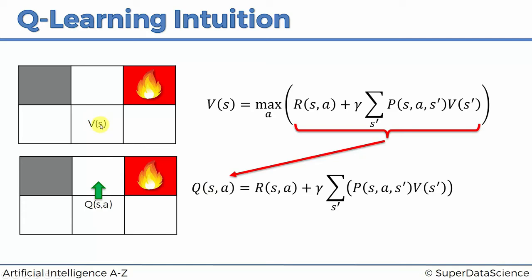So here in this state, by being in the state, the agent has 1 Q value, 2 Q values, 3 Q values, 4 Q values. So he has 4 possible Q values. Well, it makes sense that the value of the state is the maximum of all of those 4 Q values. And that is exactly what we can see here. That's a good confirmation of this new formula that we derived. If that didn't match up, then we would have questions.